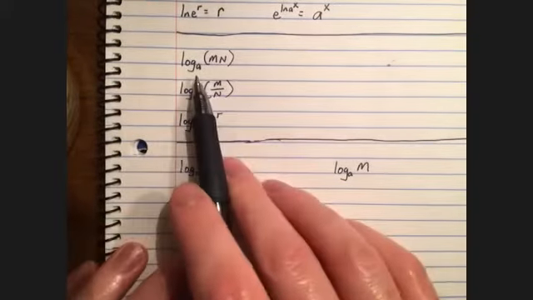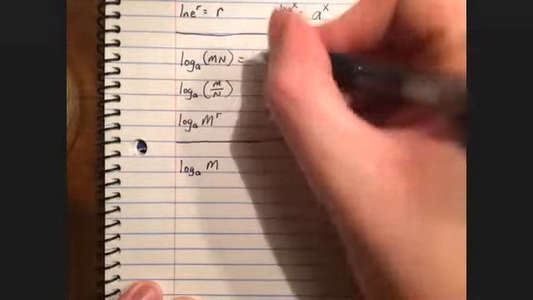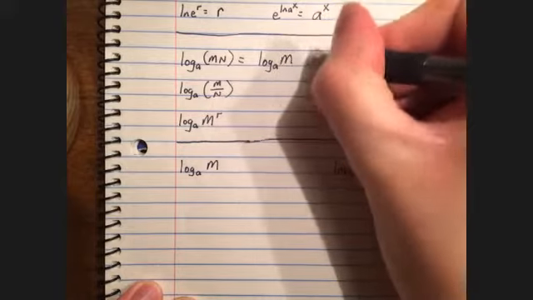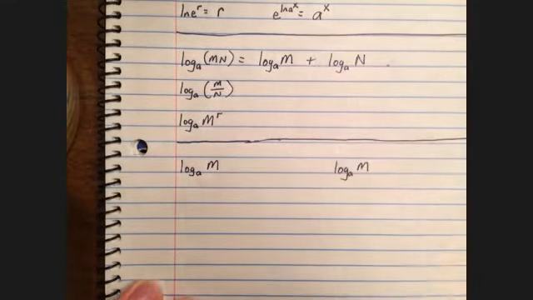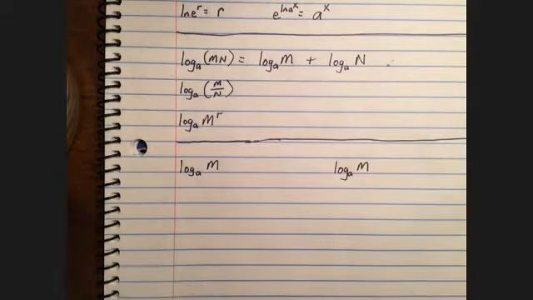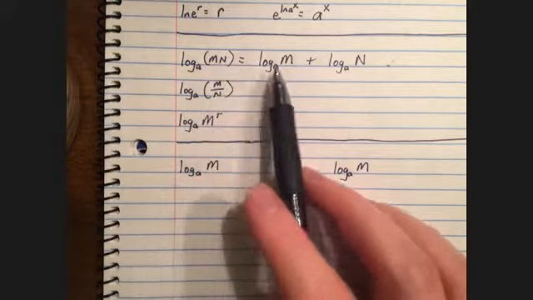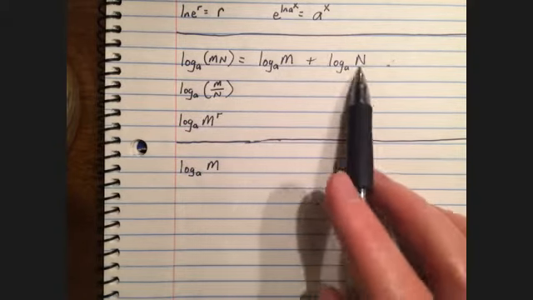All right, here's a few more properties. If you had log base a of m times n, so it's a product, you guys remember this? You can take your log and split it up. So log base a of m and n multiplied together is log base a of m plus log base a of n.